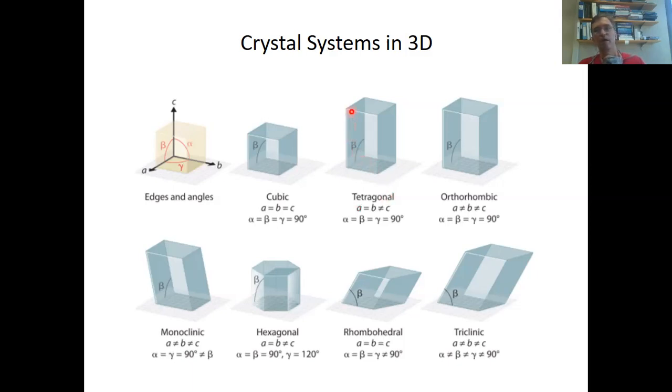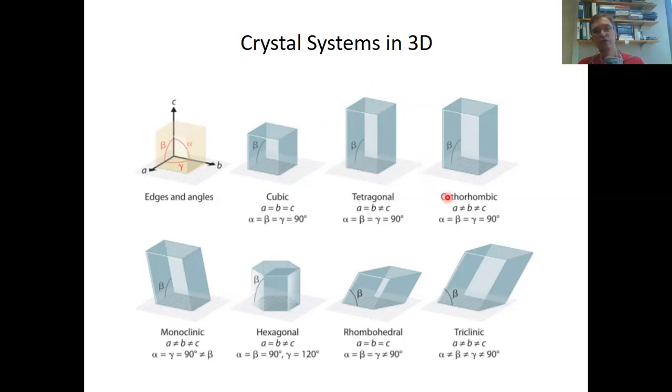Okay, and you see the associated unit cell here, so we do not have a cube anymore, but a cube which is either elongated or compressed in one particular direction.